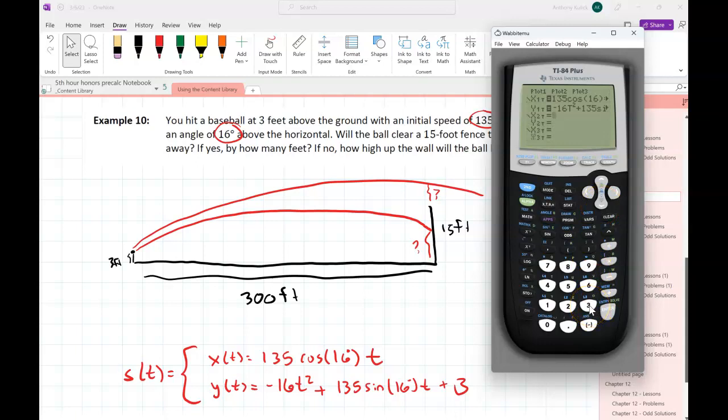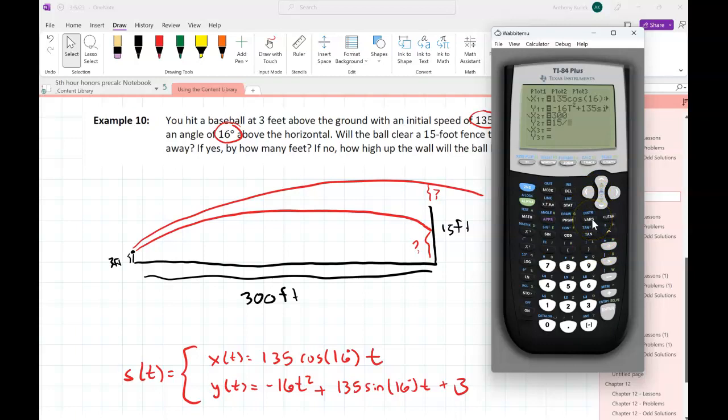So where is the wall at, the position of the wall? 300, right? And then how tall is the wall? 15. And what I'm going to do is divide that by T max.